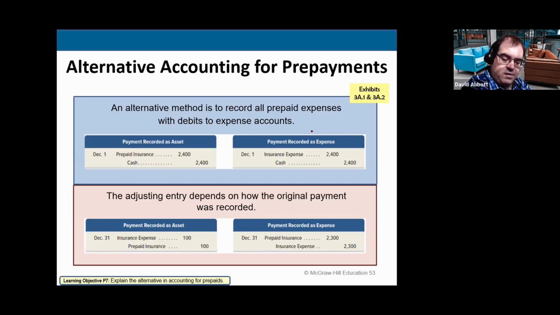To illustrate the difference between these two methods, let's look at Fast Forward's cash payment on December 6th for 24 months of insurance coverage beginning on December 1. Fast Forward recorded that payment with a debit to an asset account, but it could have recorded a debit to an expense account.